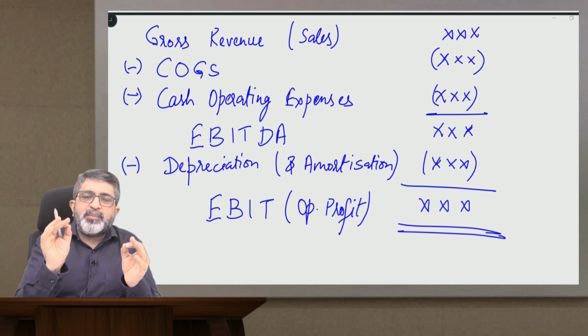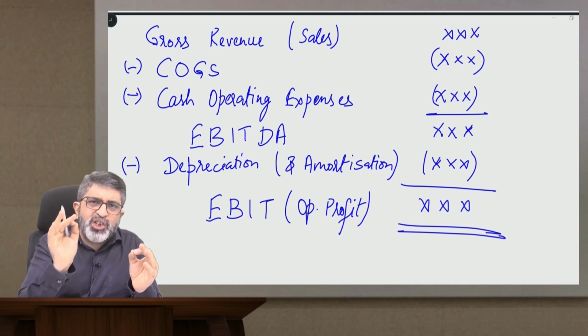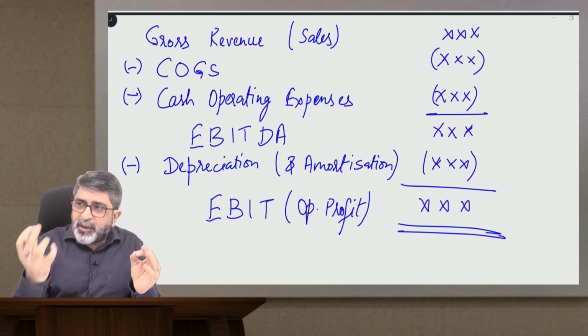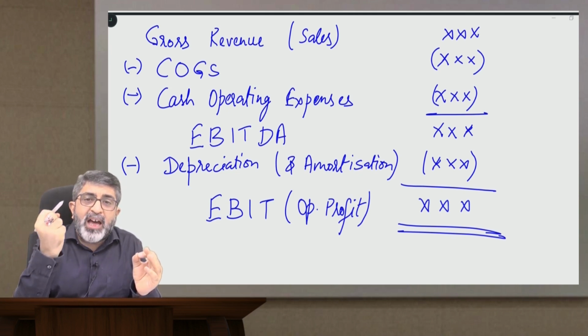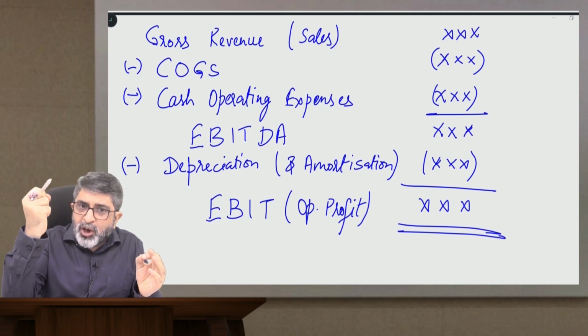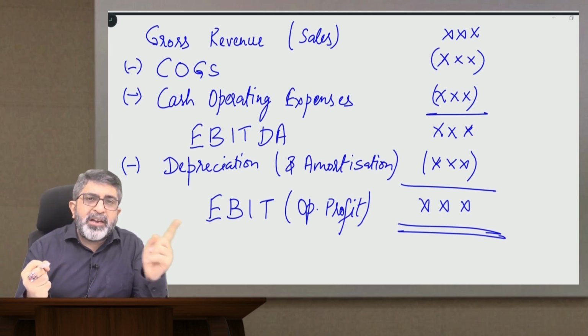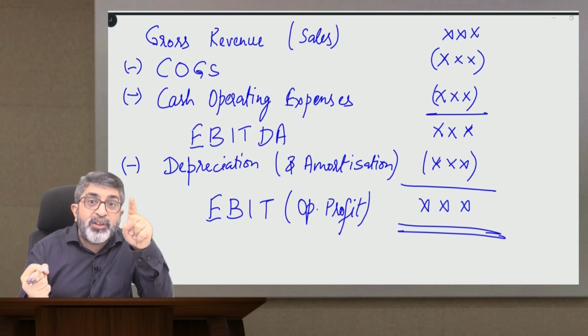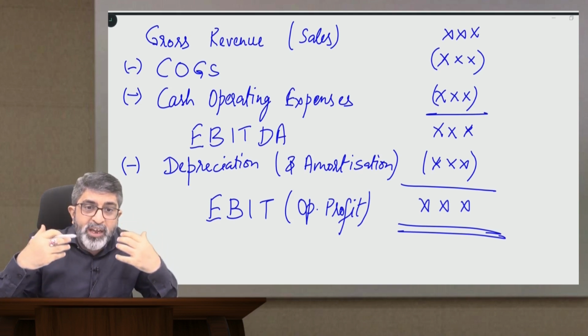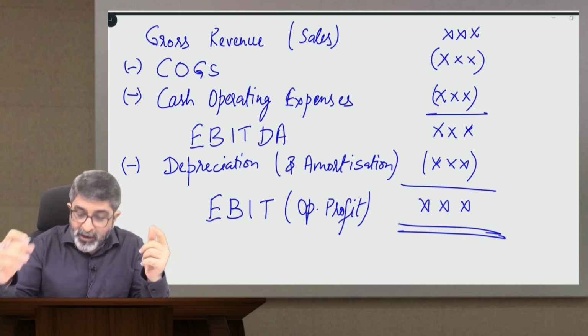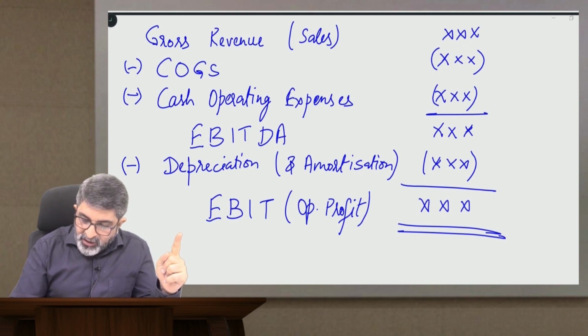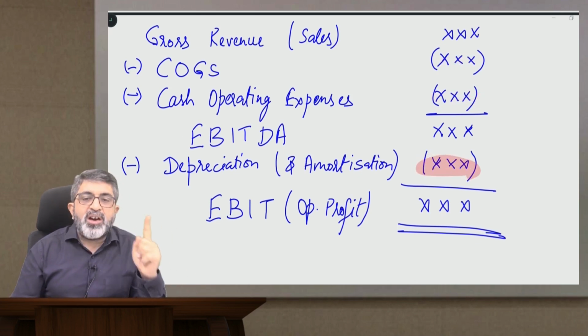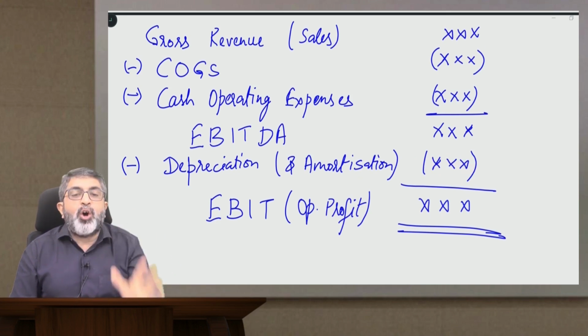So what is the true potential of depreciation? Depreciation as an expense or as a charge has potential of reducing your profit, but it does not have potential of reducing your cash flow because there is no cash outflow arising out of that. So as I told you earlier, this amount is a cash inflow, this amount is a cash outflow, this amount is a cash outflow, but this amount is not a cash flow component at all.